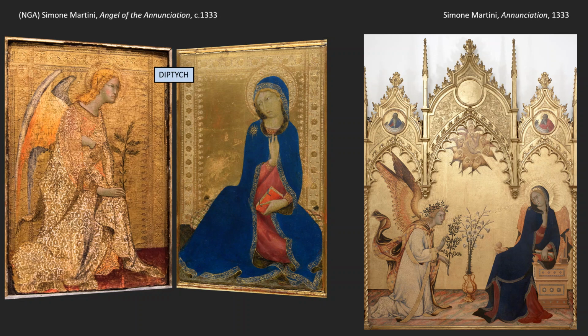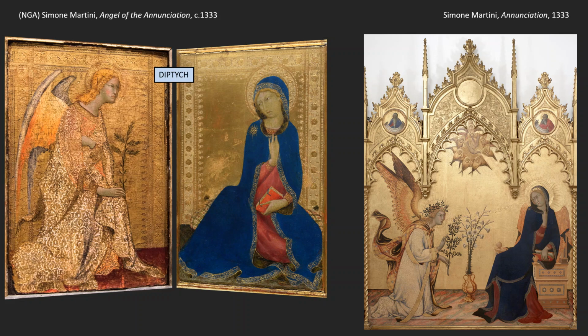And of course, a dealer getting this work no longer being used for prayer says, "Ooh, I could sell one work of art, or I can sell two." Cuts it in half. Maybe even saws the panel this way, if there's something on the outside of it, and sells it off.